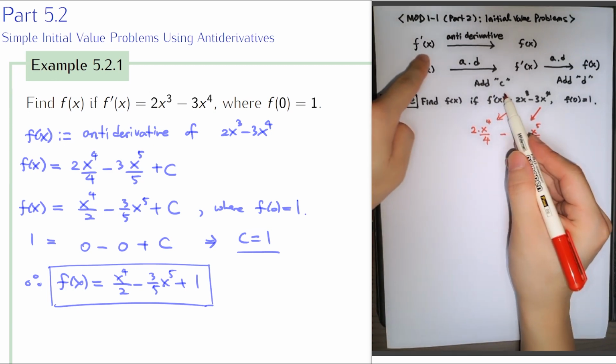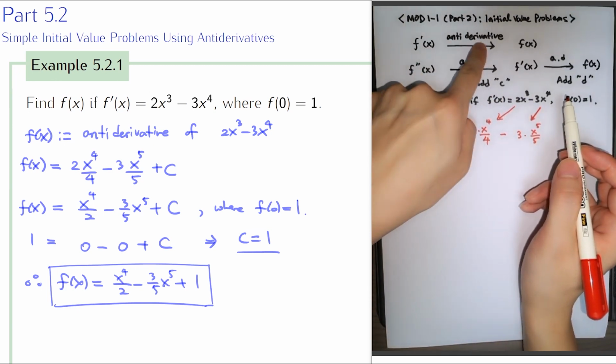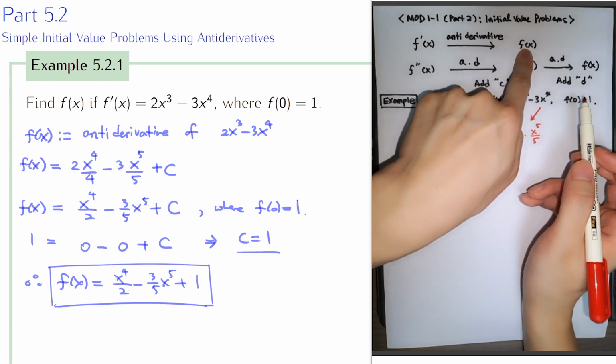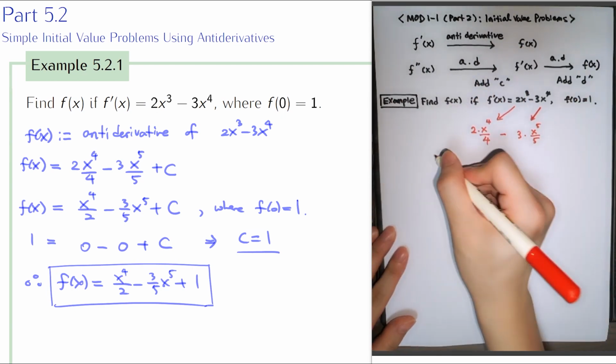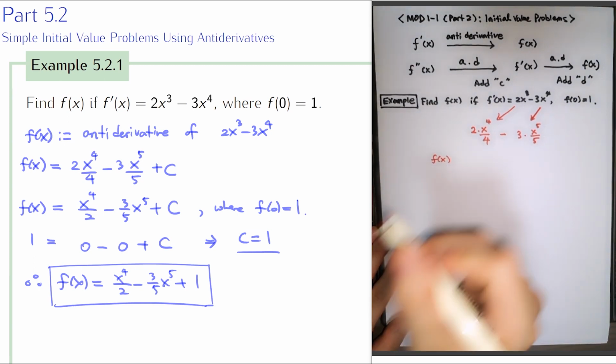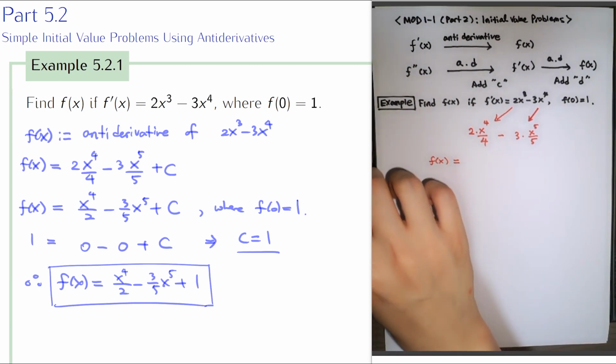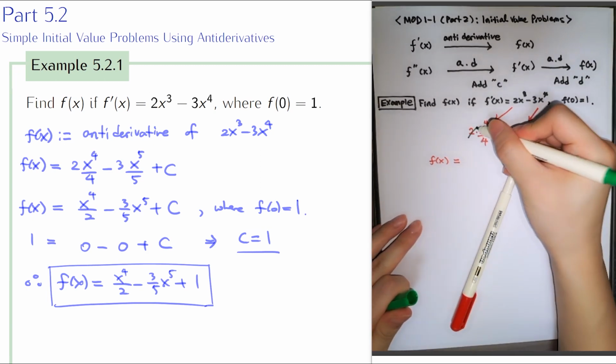Anyways, f prime, after applying the anti-differentiation, becomes f of x. So I'm just going to rewrite this f prime as f of x like this, and then simplify the expression a little bit.